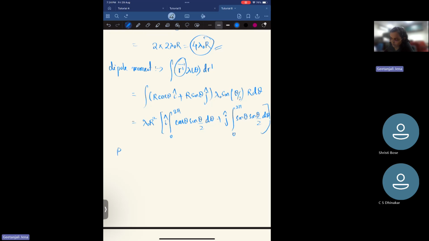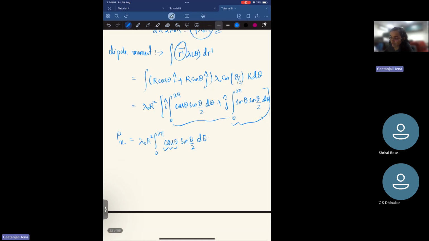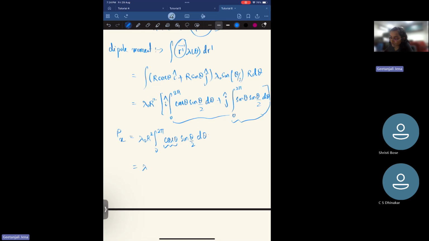So we have two components, one in the x direction and one in the y direction. So px is lambda 0 r square integral from 0 to 2 pi of cos theta sin theta by 2 d theta. You can express cos theta in terms of sin theta by 2, which you already know: cos theta is 1 minus 2 sin square theta by 2.